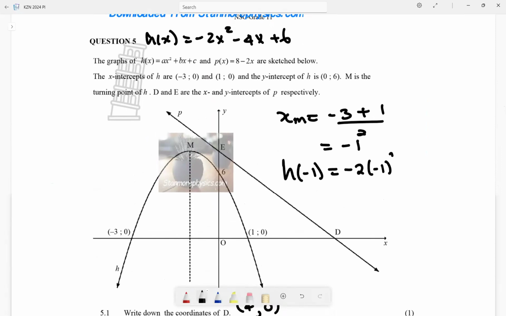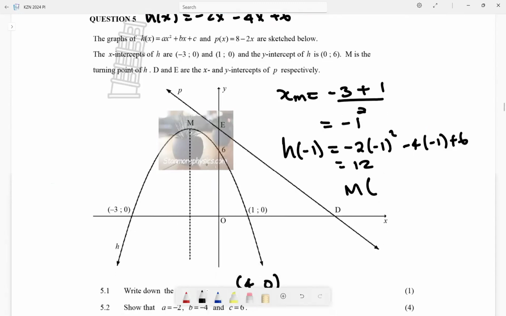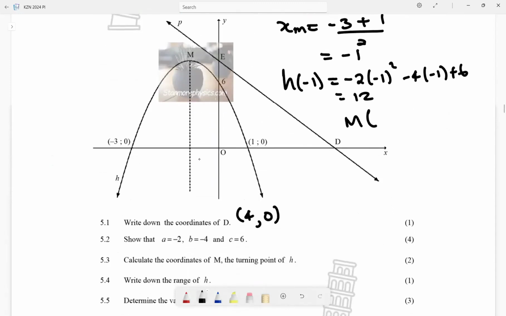Negative 2 into negative 1 squared minus 4 into negative 1 plus 6. So I have negative 2 plus 4, it is 2, 2 plus 4 is 6, 6 plus 6, I think, is 12. Please confirm that, okay? So it means now the coordinate of M is negative 1 and 12.